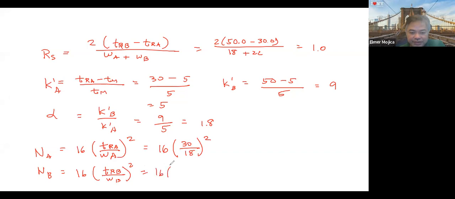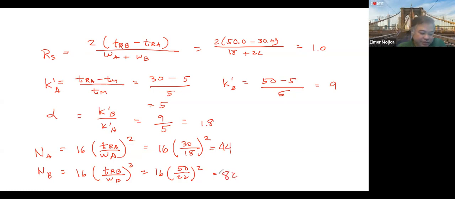And then this is 16, 50 over 22 squared. So ano yung mga values na makukuha nyo? So this one will give you around 44, and this one will give you 82.